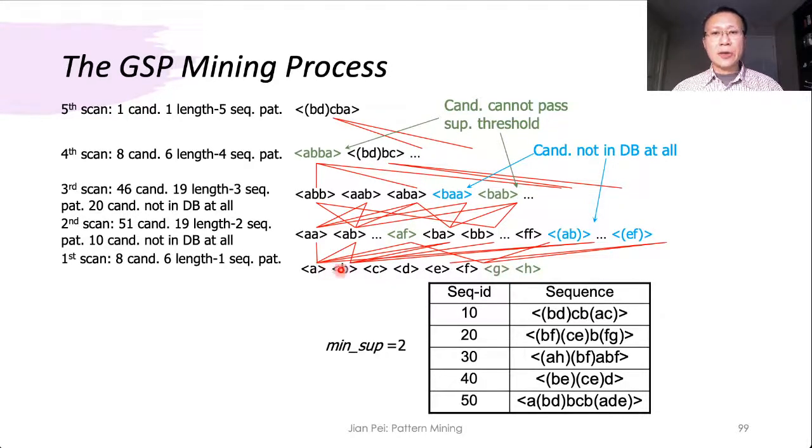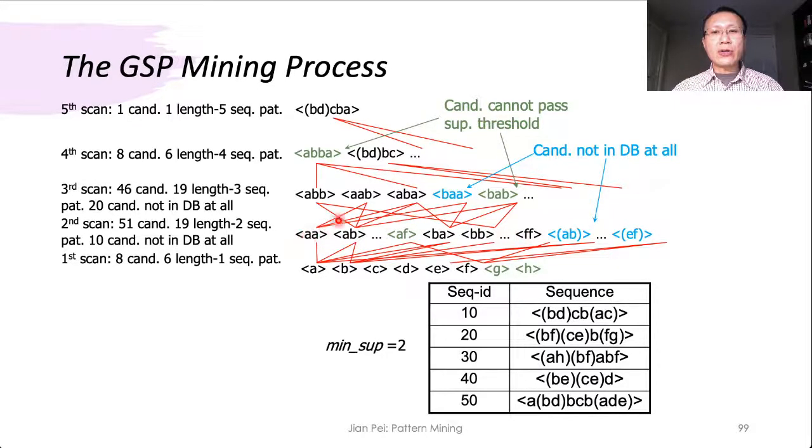And using the frequent patterns, we generate the length 2 candidates at this level. And we further scan the database again to collect the support information for every candidate. And then we prune all those infrequent candidates. And the remaining ones are length 2 sequential patterns.